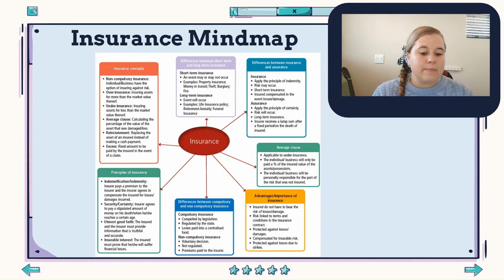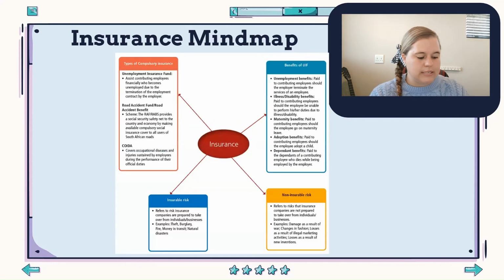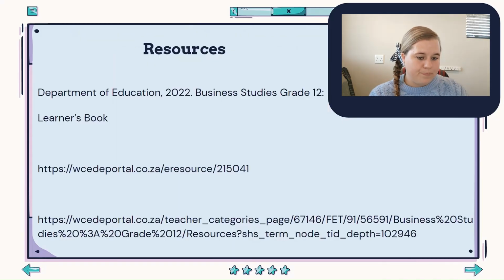Here's a nice little mind map, just with the bite-sized bits of information that you can go through and read through here for this topic of insurance. And the second mind map on this slide as well, you can see there's just continuing with some of the information we've gone through.